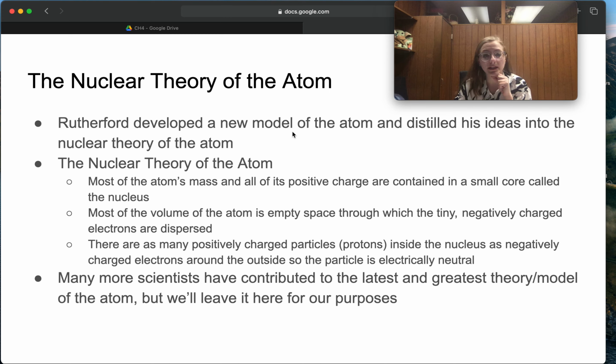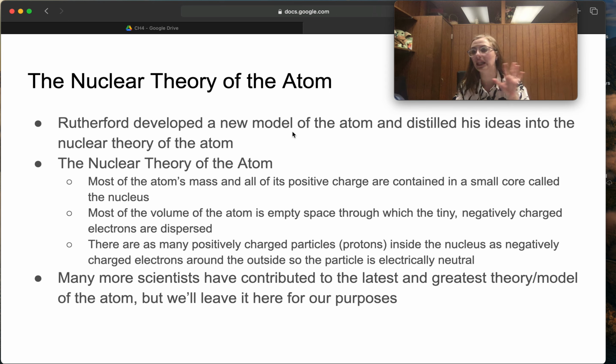The third point here says there are as many positively charged particles inside the nucleus as there are negatively charged electrons outside the nucleus, so that it is electrically neutral. The idea here is that in a neutral atom, an atom that contains no charge, you must assume it has just as many positives as it has negatives.